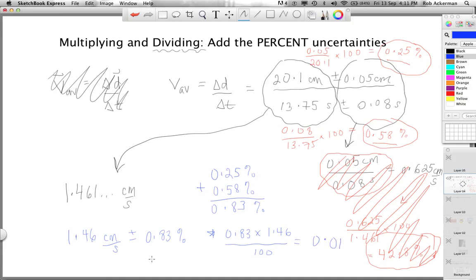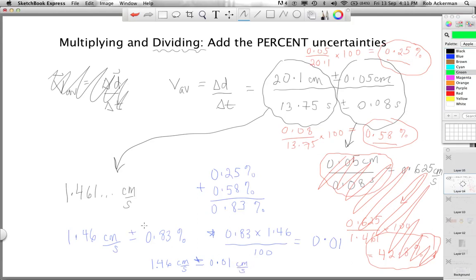So 1.46 centimeters per second plus or minus not even 1%, 0.01 centimeters per second.